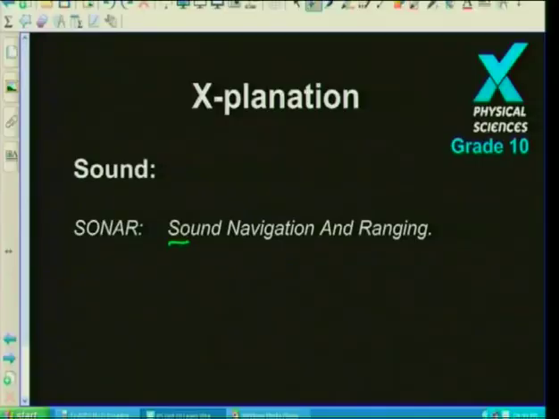Sonar is what is known, and this is what it stands for, is sound, navigation, and ranging. It is using sound to determine distances. What happens with sonar is, with a submarine, for example, they have a device attached to the submarine that lets out a very high frequency sound that we can't hear, which is good.